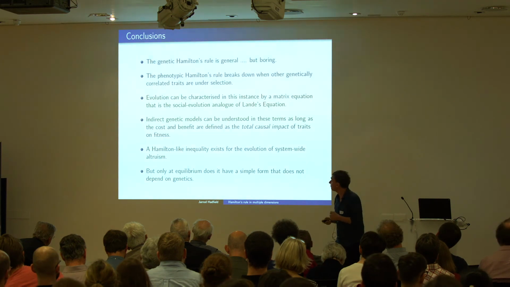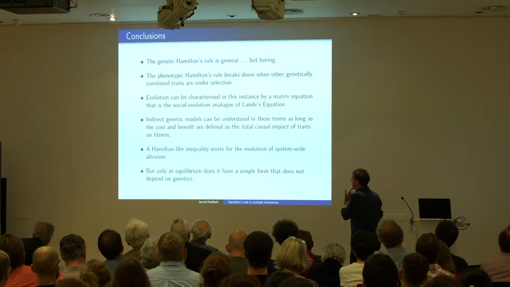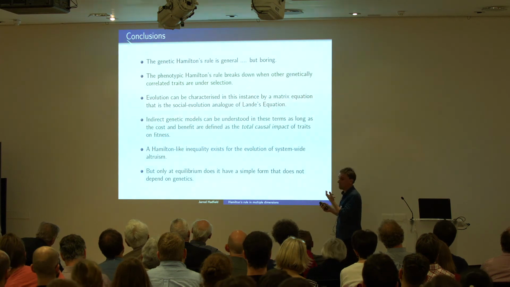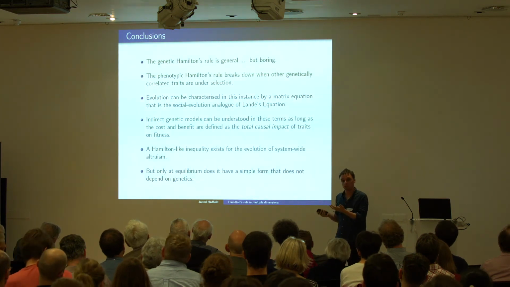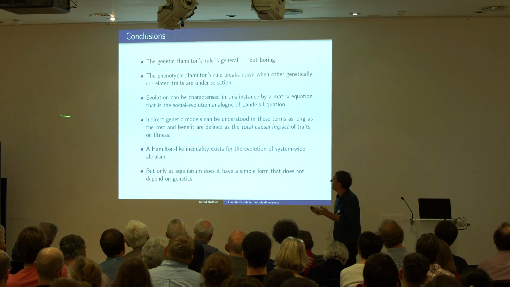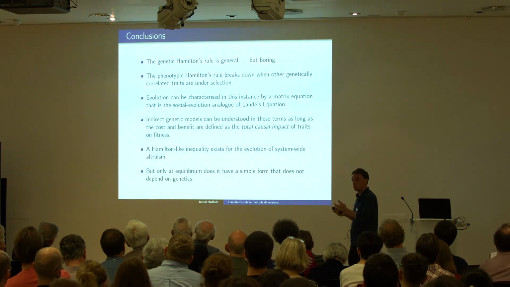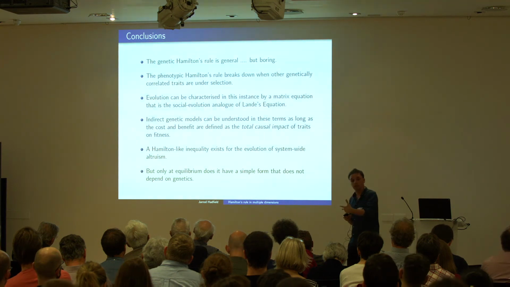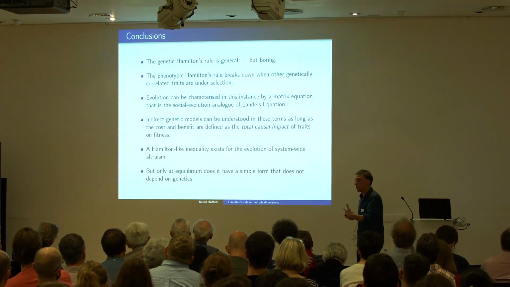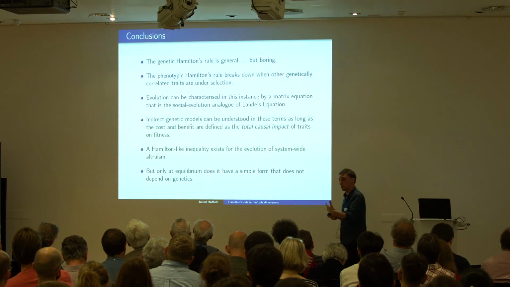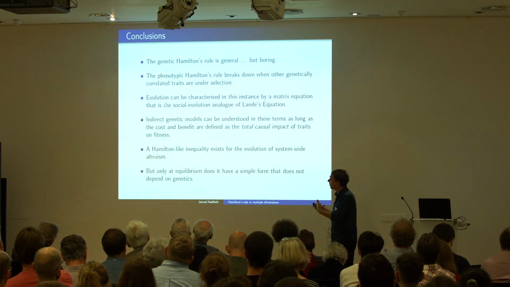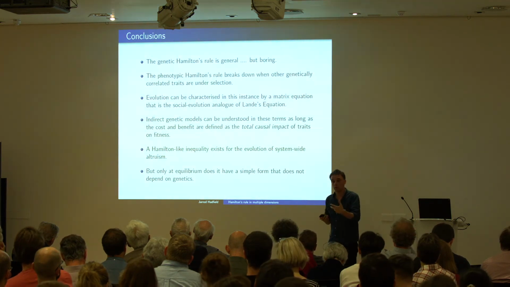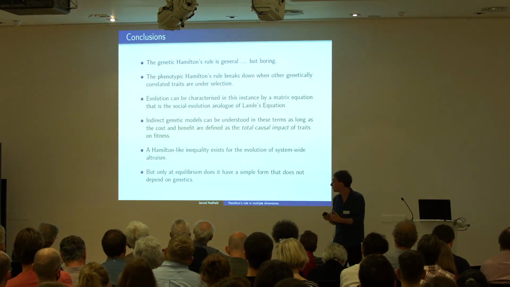So just to conclude, the genetic Hamilton's rule is general, but I would argue it's boring. The phenotypic Hamilton's rule isn't general, and it breaks down when other genetically correlated traits are under selection. But you can derive an equation that's quite simple, which I would argue is a social evolution analogue of the multivariate breeder's equation.